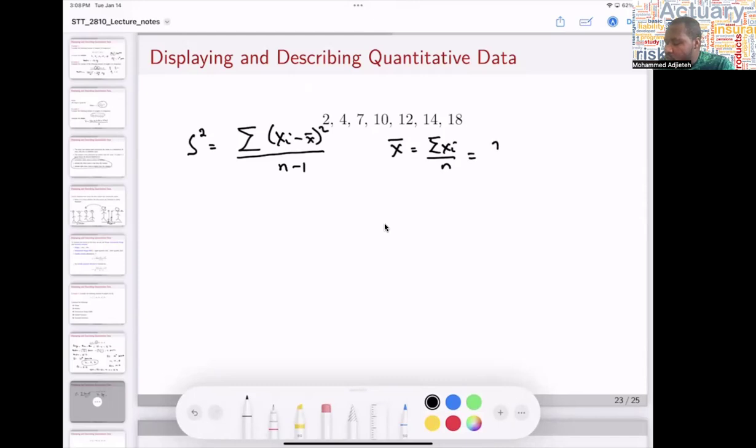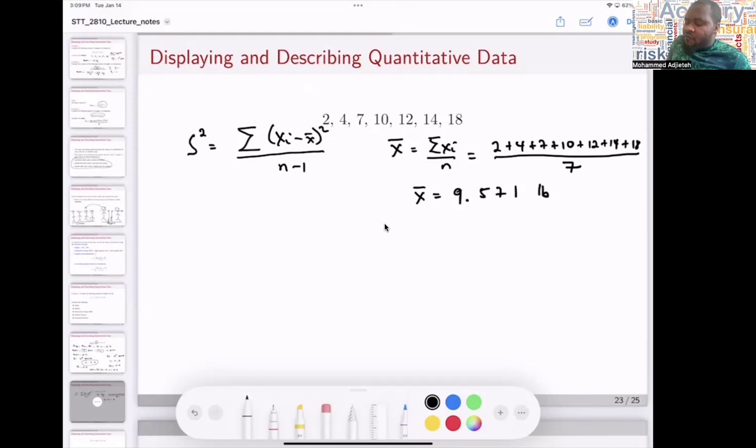So this is going to give us 2 plus 4 plus 7 plus 10 plus 12 plus 14 plus 18, all divided by 7. And when we do that, we have x bar to be 9.571 pounds.